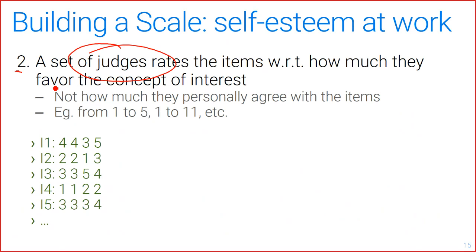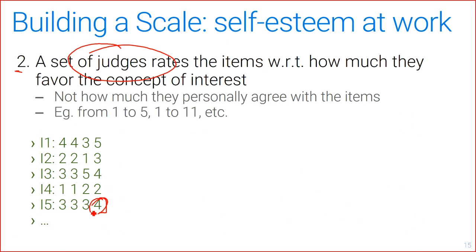So in this case, on a scale from 1 to 5, this set of 4 judges said that the concept, self-esteem at work, correlates at a rating of 3, 3, 3, and 4. So for them, this is neutral, neutral, neutral, and a little bit positively correlated with self-esteem. This is just what they said.